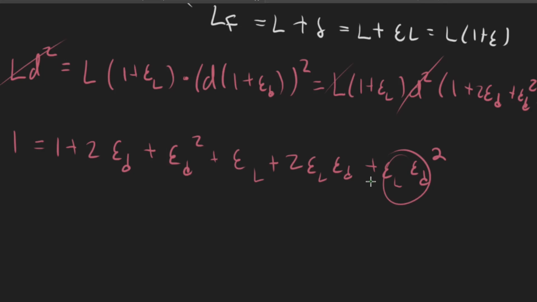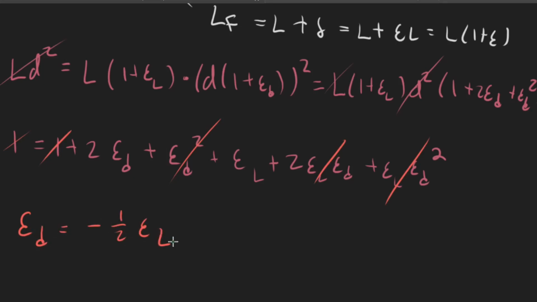These strains are basically packaged up as a differential, a small deformation divided by a length. If we multiply these by each other, we're getting a very tiny amount times another very tiny amount, so we're just going to assume that it's negligible. These higher-order terms go away. We can also subtract across the ones, so we can say that epsilon D is equal to negative 1/2 epsilon L.